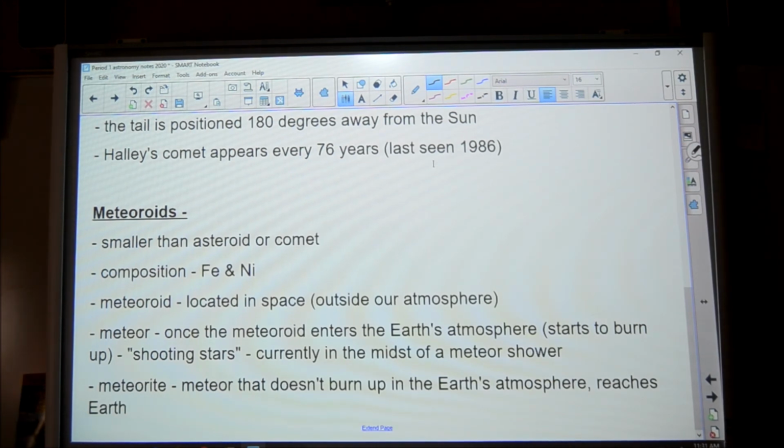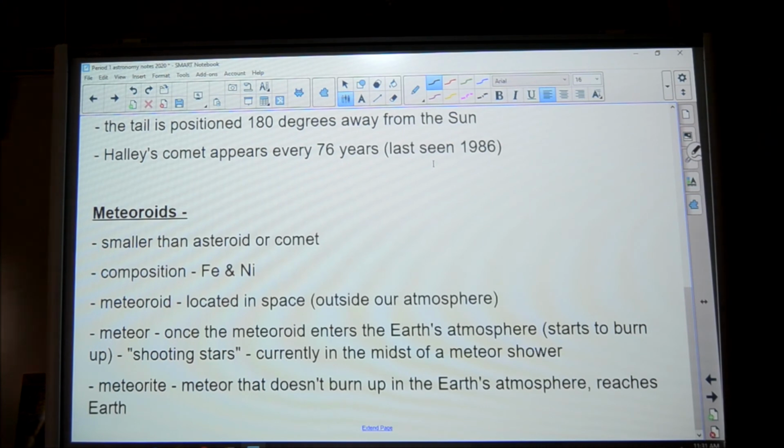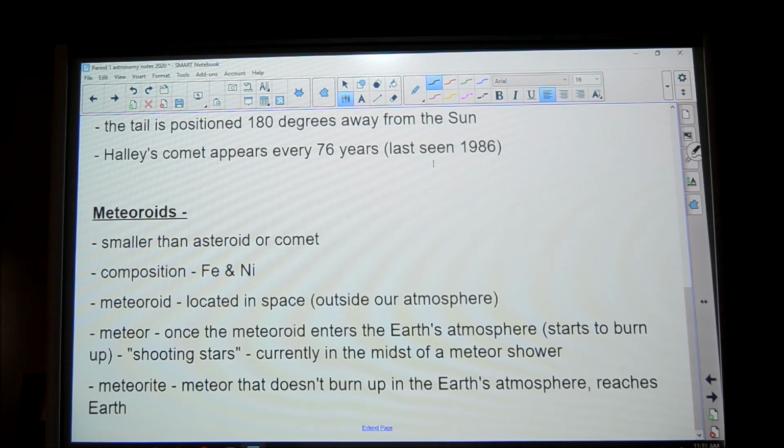Meteor, meteorite, meteoroid, all the same object. Its location is what makes it different. A meteoroid is out in space, hasn't gotten into our Earth's atmosphere. Once it enters our Earth's atmosphere, it's a meteor. The atmosphere causes it to start burning. On your stream, in April, I put up your meteor shower, in the middle of April, so you go out to watch it.